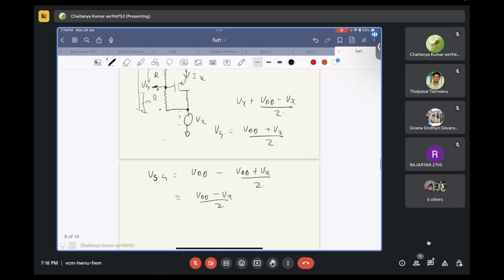And your drain potential, that is VSD, the source drain potential is VDD minus Vx. Now, looking at this, can you comment whether this circuit, whatever the value of Vx may be, can ever go into triode?